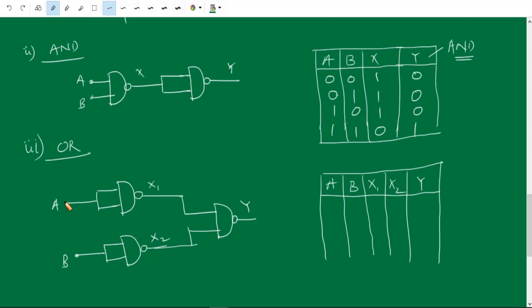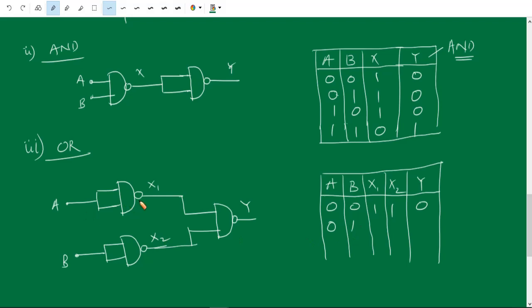So when I give 0 0, then when it is 0, here we will get x1 will be 1. When B equals 0, x2 will be 1. When both are 1, the output y is equal to 0, isn't it? Next is A 0, B 1, okay.